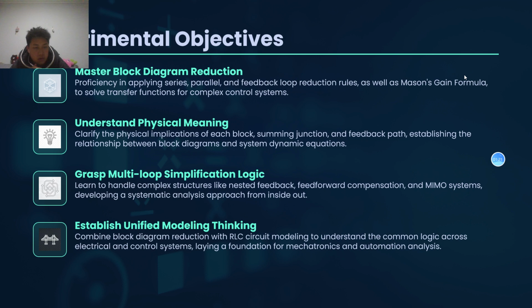Clear the physical implication of each block, summing junction, and the feedback paths, establishing the relationship between block diagrams and the system dynamic equations, and grasping multi-loop simplification logic. Learn to handle complex structures like nested feedback, feed-forward composition, and MIMO systems, developing a systematic analysis approach from inside out.